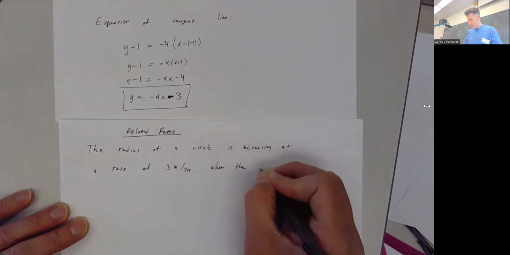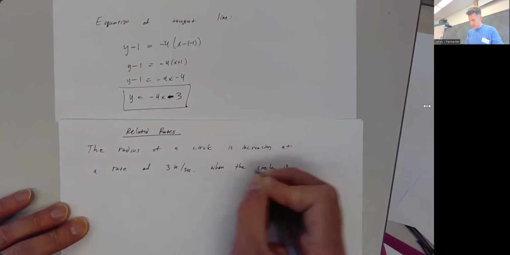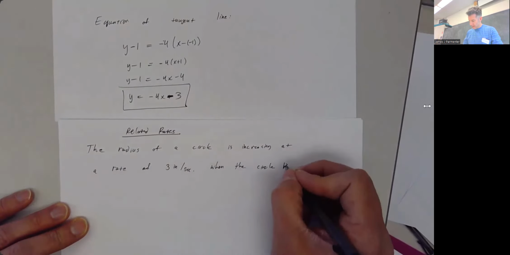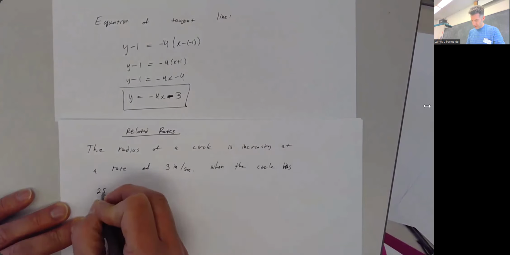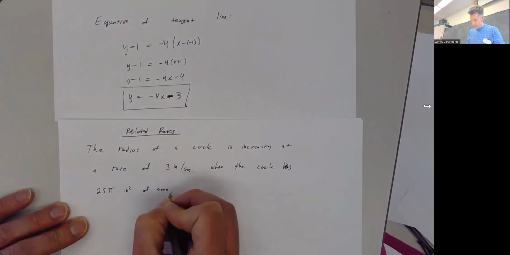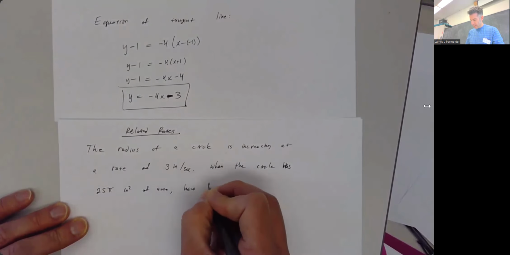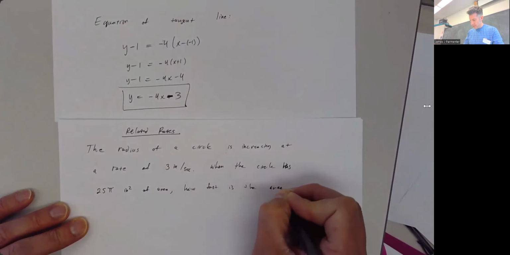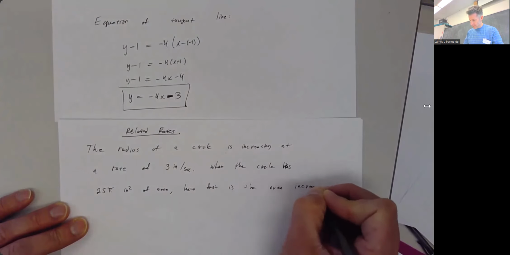When the circle has 25 pi square inches of area, how fast is the area increasing?